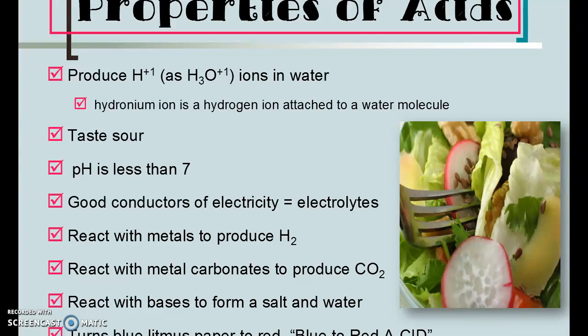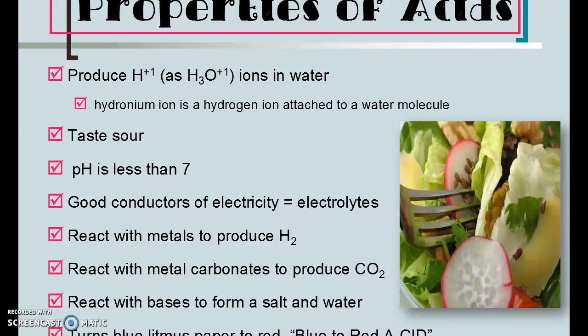They're good conductors of electricity, so they're considered electrolytes because they break apart into charged particles in solution. They react with metals to produce hydrogen gas. You've seen that quite a bit with hydrochloric acid and magnesium ribbon. You guys have also done zinc. All of those have created H2 as a product.